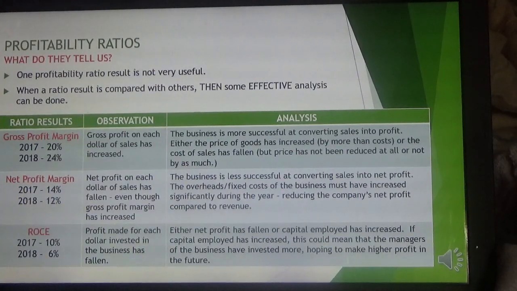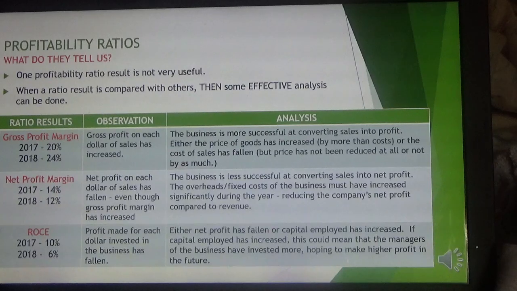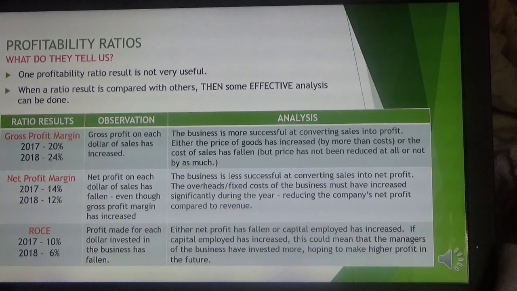Now let's go to the net profit margin. As you will see, in 2017, it's 14%, and 2018, it's 12%. Let's see, what's the observation? Net profit on each dollar of sales has fallen, even though gross profit margin has increased. The business, based on this analysis, is less successful at converting sales into net profit.